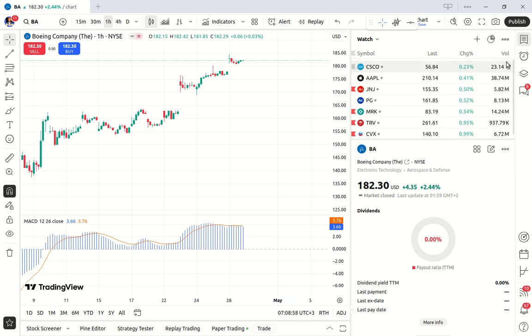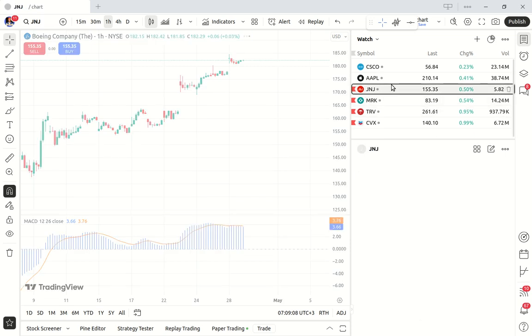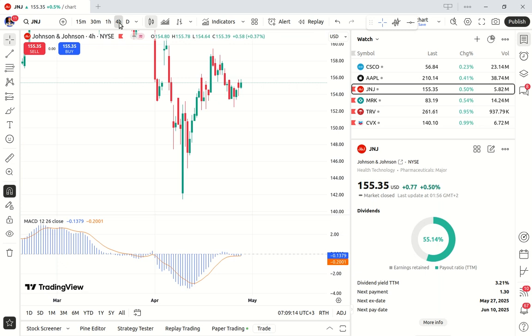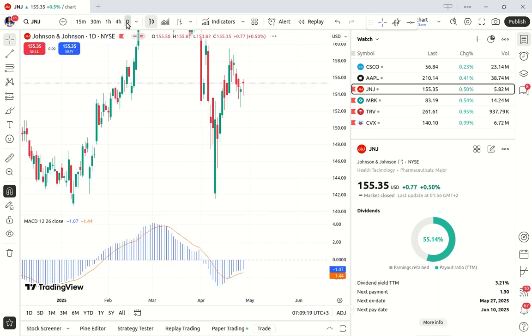All right, so I think we have these. I want to delete these because I don't think they're ready. But anyway, it's fine. We can watch them. Now, as you can see with this one, it's above the orange line on the MACD, on the 4 hour, on the 1 hour, and on the daily. The next thing that I would look for is the parabolic system.